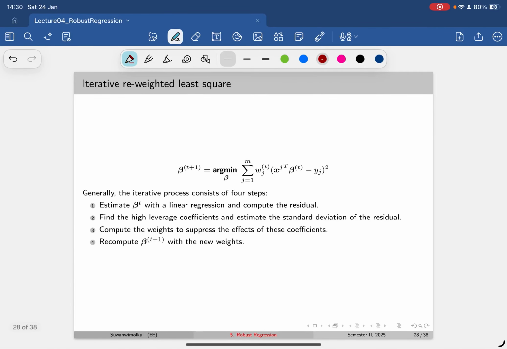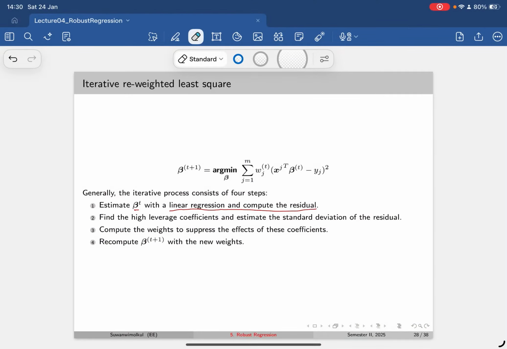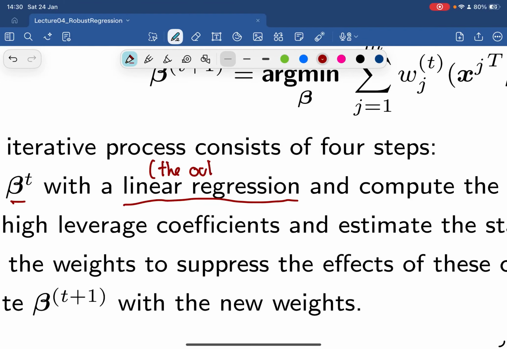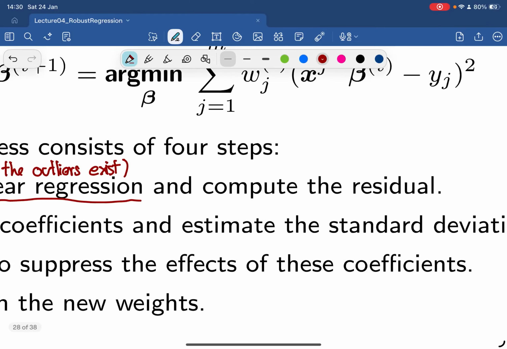Generally, iteratively reweighted least squares is an iterative process that consists of the following steps. First, they will estimate beta, maybe from linear regression, and compute the residual. So you first estimate beta with linear regression where there are still outliers, and compute the residual.